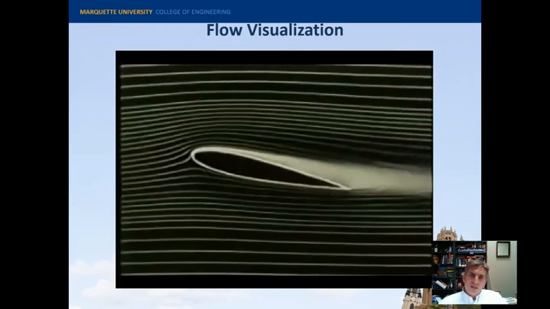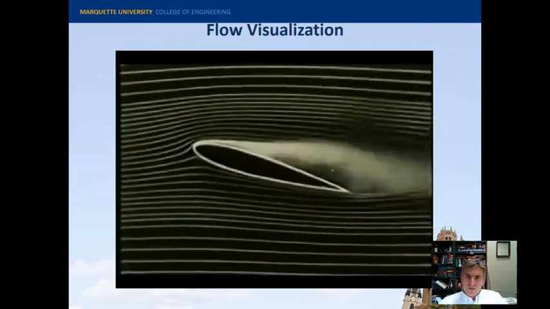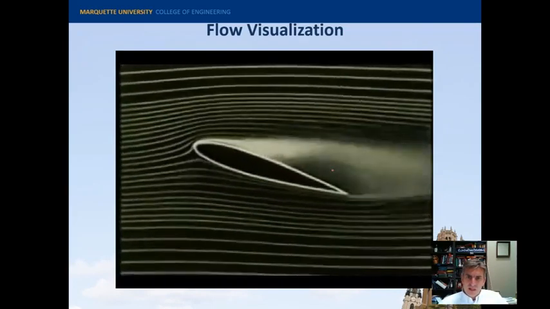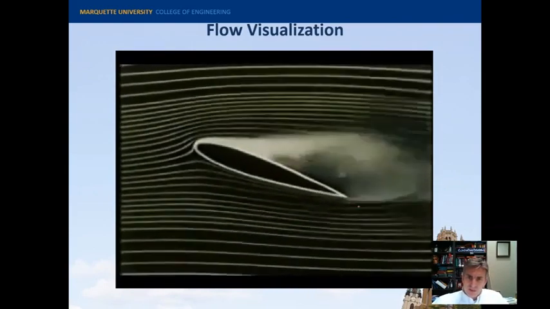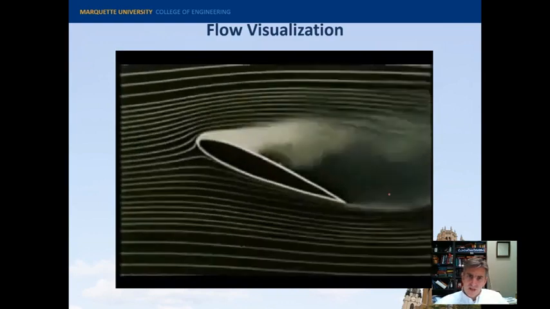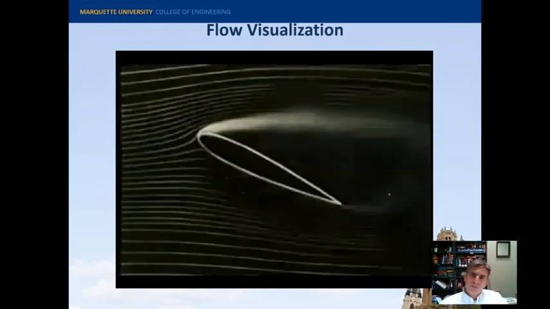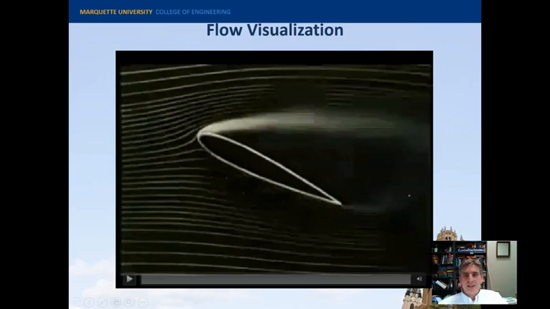And so are you convinced that we're following the Kutta condition here? It looks like we're doing a pretty decent job with this lower level, right? Those streamlines are just right there on that trailing edge. All right, very nice.